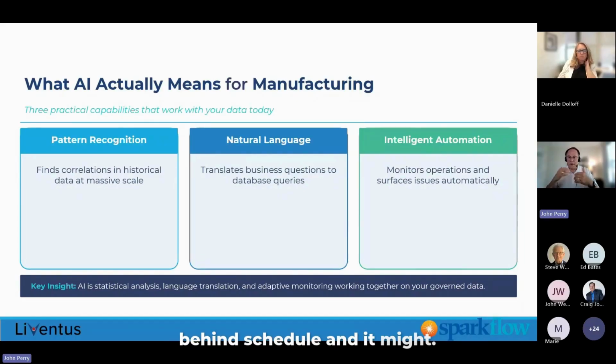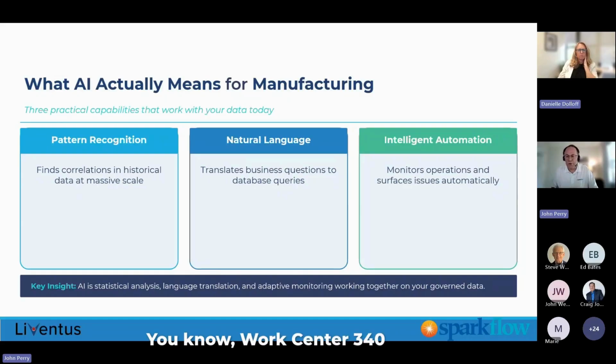It notices that pattern, and then it might take it a step deeper and ask, why is 340 behind schedule? Then it would look through what the material availability is for that job and that item. I know we've been talking about AR, but think about it at a manufacturing scale.